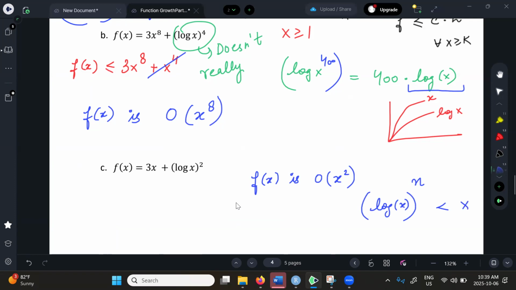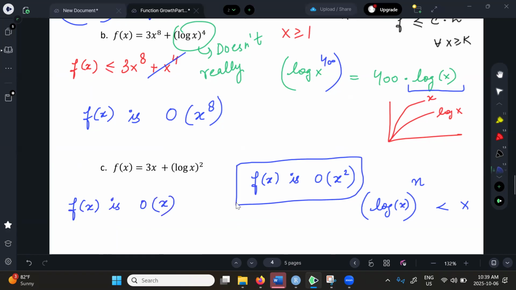It just grows slowly compared to a linear function. So this is correct. This is not a bad estimate. This is not an overkill. I would still give you points for this question. But a better estimate is just power 1, just a linear function.